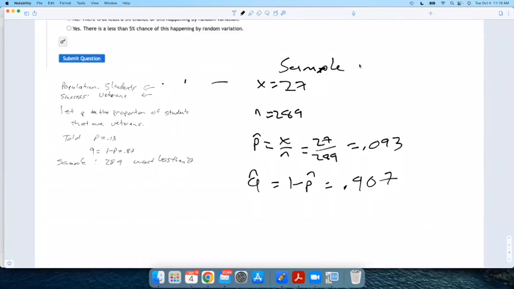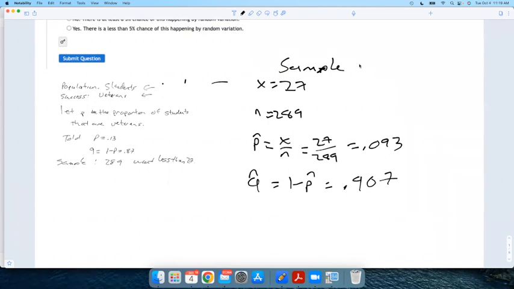Now I want to check and make sure my sample meets the conditions of the central limit theorem. On a test, I don't need you to check all these conditions on the midterm. Don't worry about checking the conditions. These questions are really boring if you don't meet the conditions. If this was a bad sample, we're done. I would stop writing.